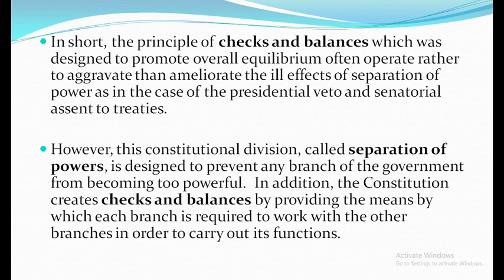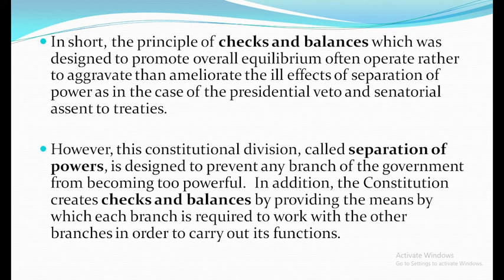In short, the principle of checks and balances, which was designed to promote overall equilibrium, often operates rather to aggravate, to make worse, than to ameliorate or reduce the ill effects of separation of power, as in the case of the presidential veto and senatorial assent to treaties.